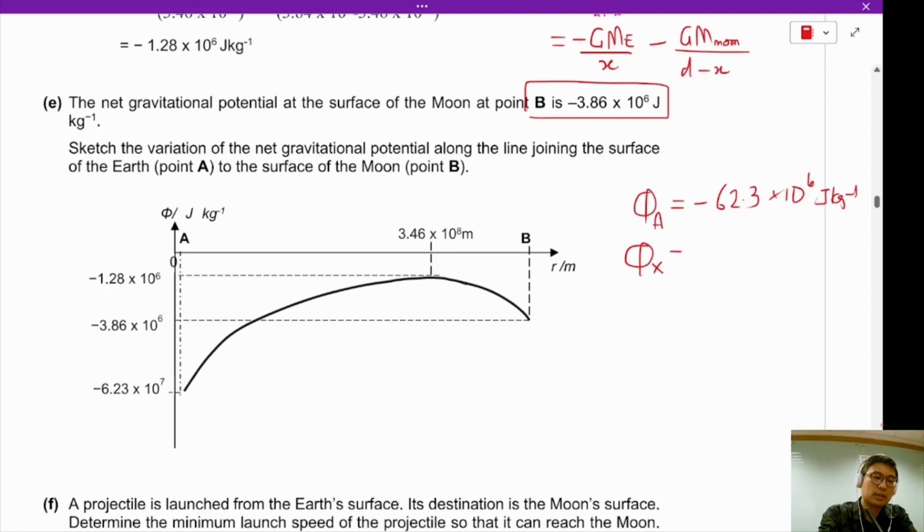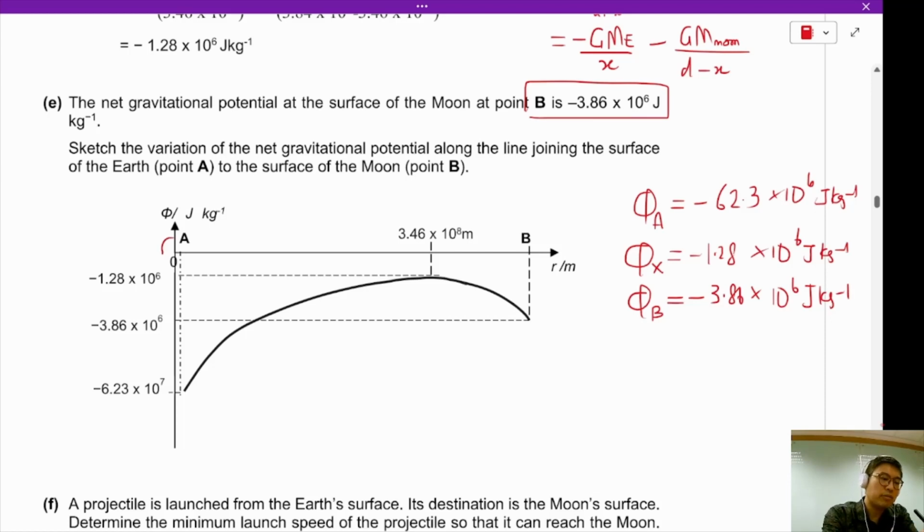Potential at X is minus 3.86 times 10 to the power of 6 joules per kg. And potential at B, which is on the Moon, is minus 1.28 times 10 to the power of 6 joules per kg.